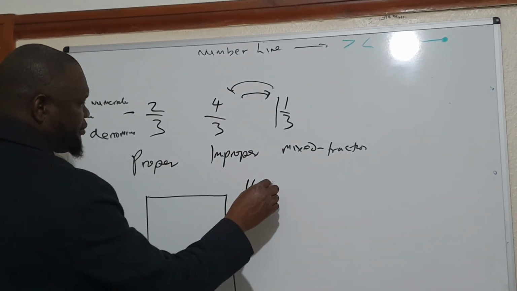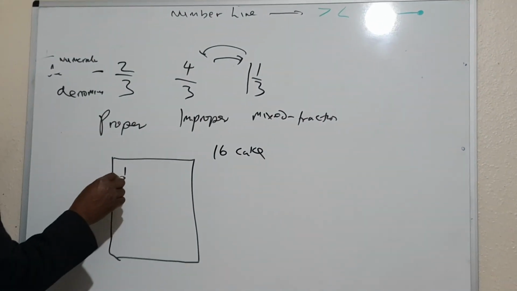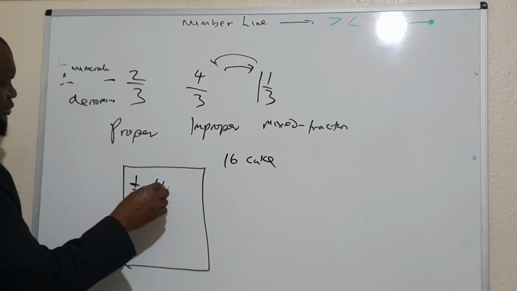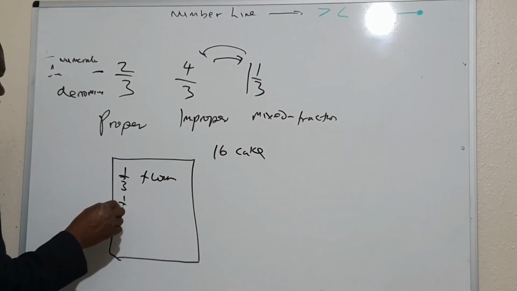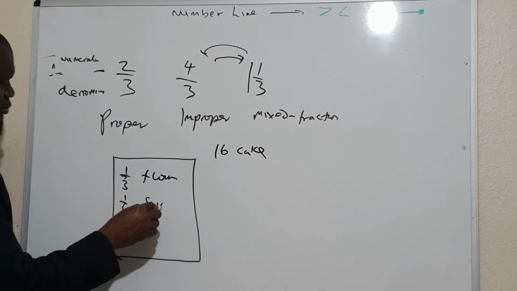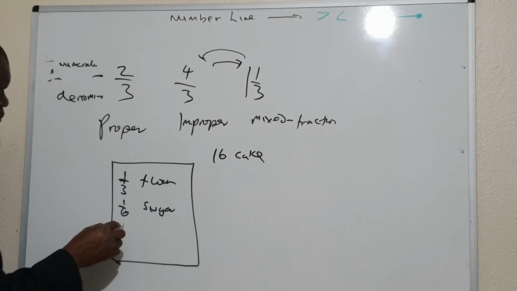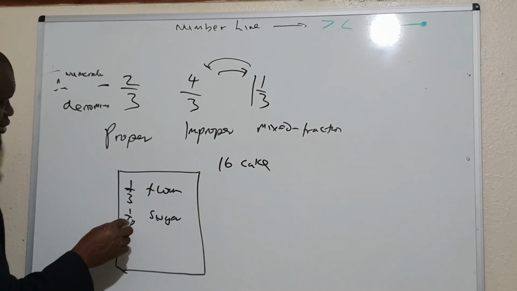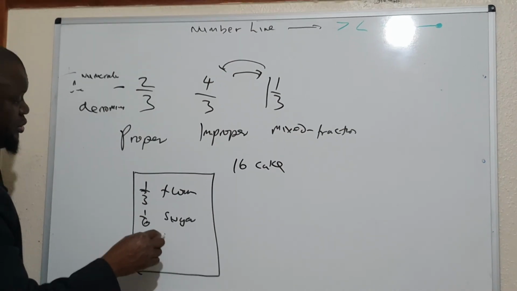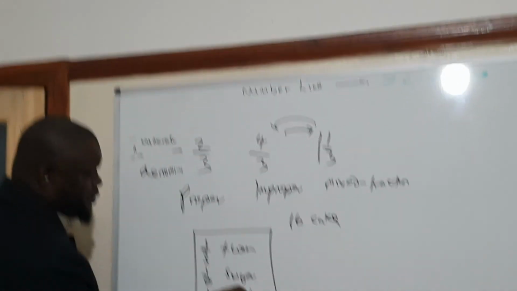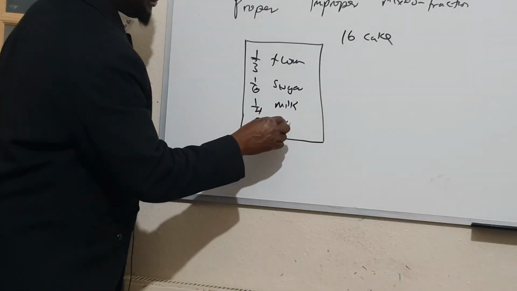16 cakes. Okay? You need 1/3 flour. Okay? 1/6 sugar. 1/4 milk. Okay? Balance butter.